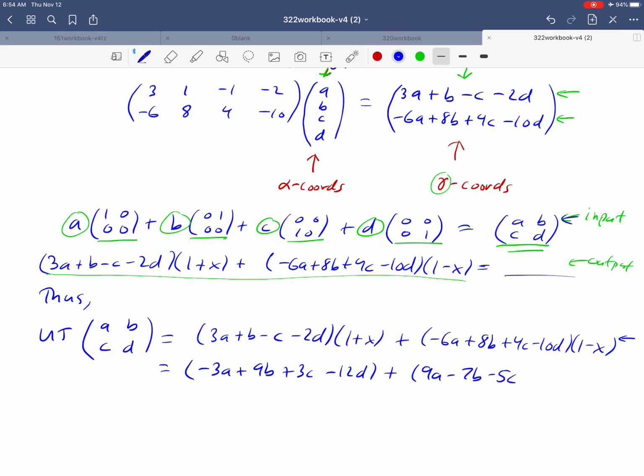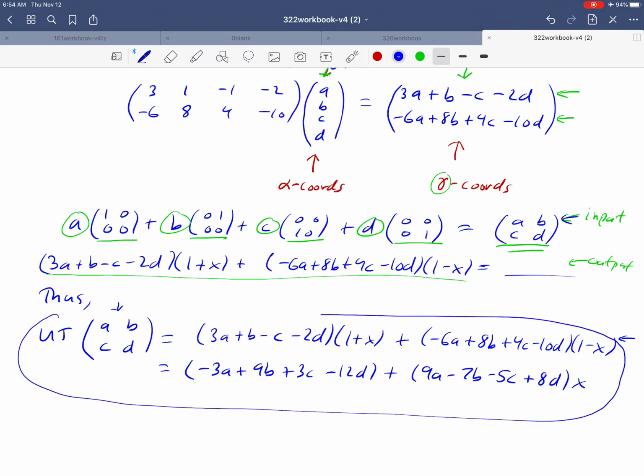It really is just a matter of multiplying things out and collecting like terms to get this last line here. And there's our formula. So we've shown how to take an arbitrary input, a 2 by 2 matrix, and then shown what our output is. That's what we mean when we say a formula for a linear transformation.